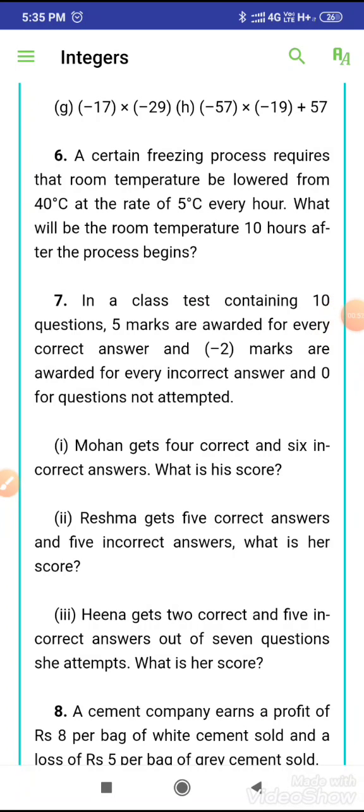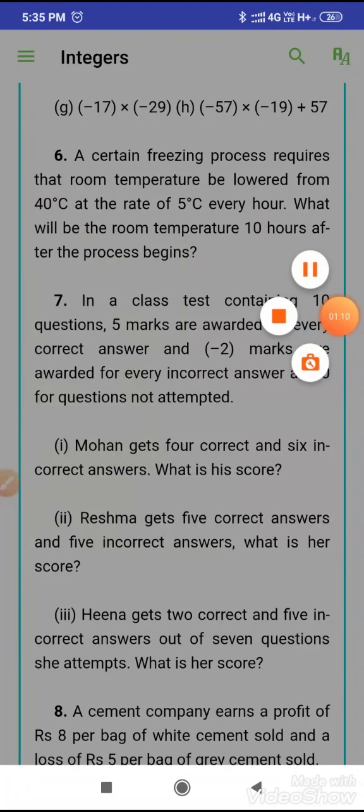Seventh question is: in a class test containing 10 questions, 5 marks are awarded for every correct answer and minus 2 marks are awarded for every incorrect answer, and 0 for a question not attempted. Mohan gets 4 correct answers and 6 incorrect answers. What is his score?